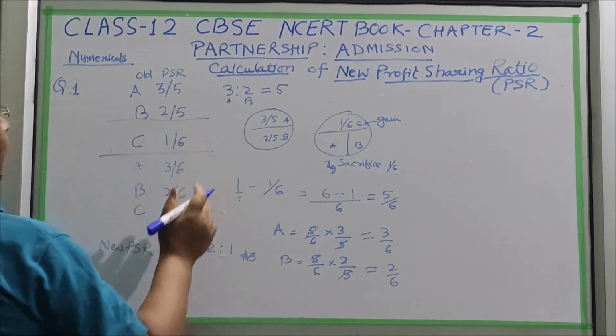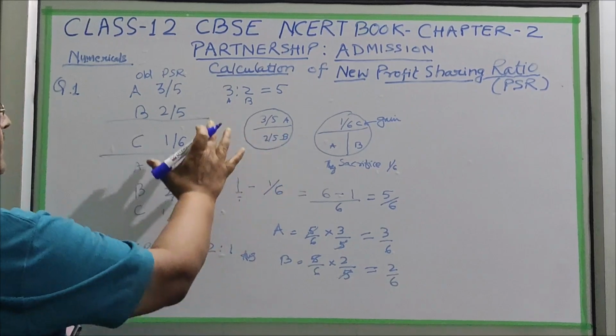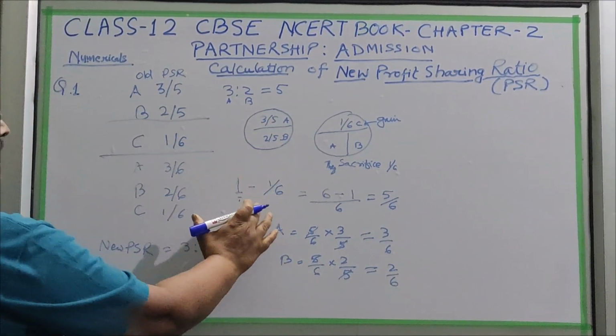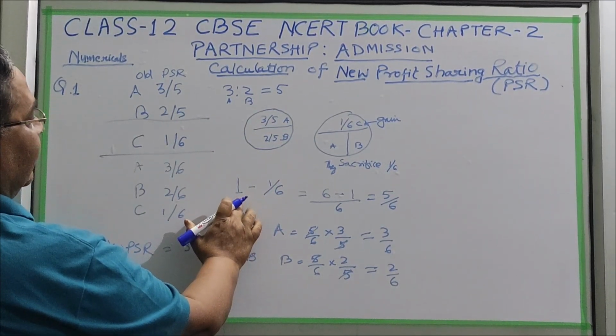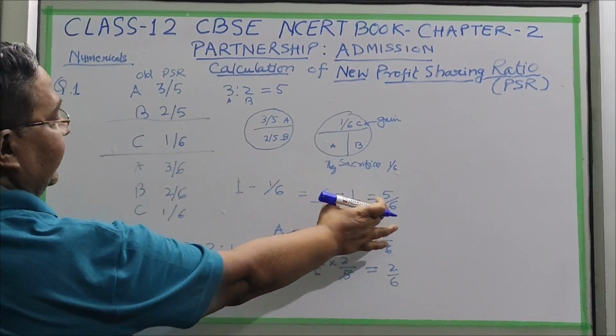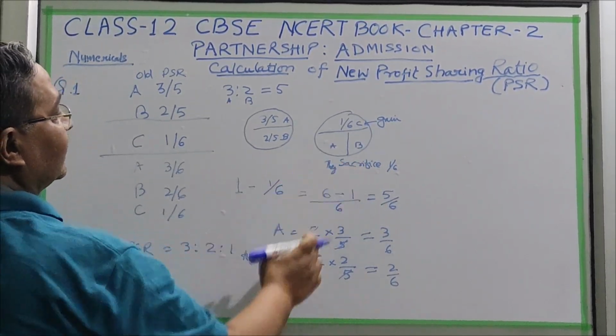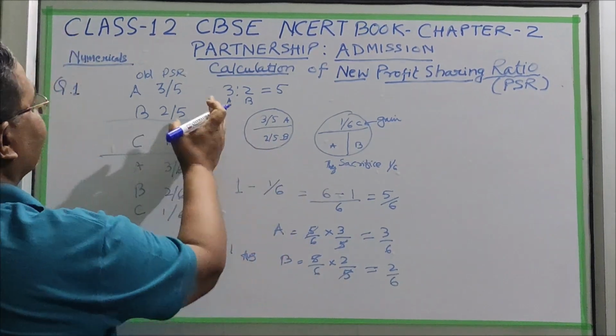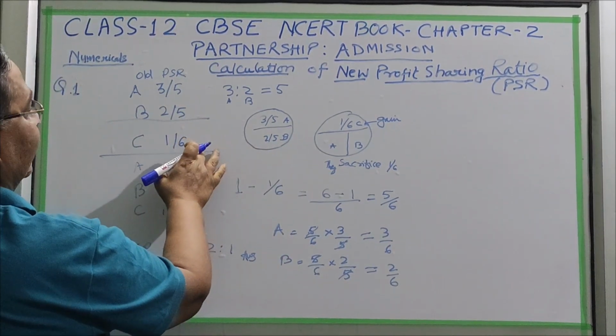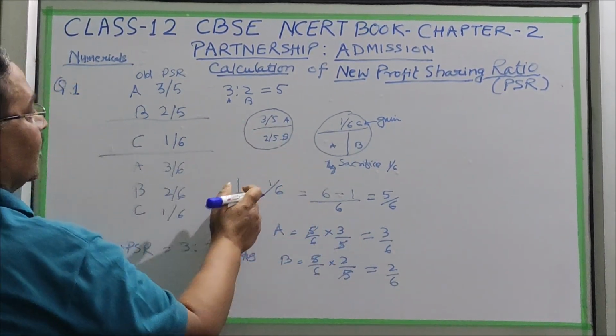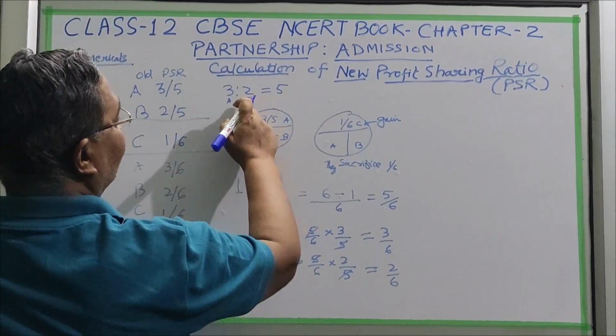Okay, now we will go to question number 2. When one profit is there, we reduce the new partner's share from 1, and the remaining share we distribute. And what about the sacrifice? When nothing is mentioned about whom C is taking his share from, the sacrifice ratio will always be the old ratio.